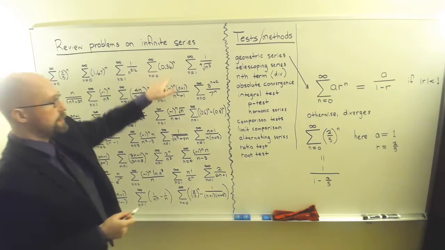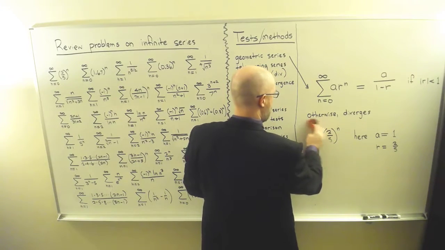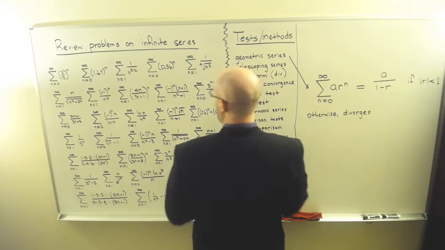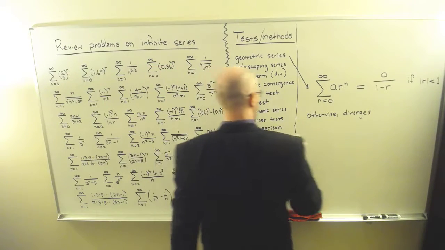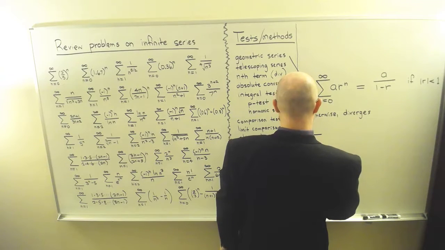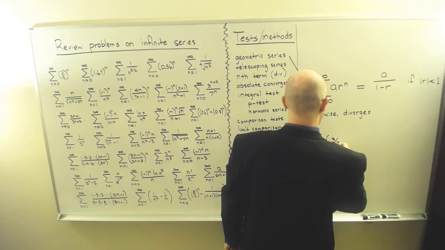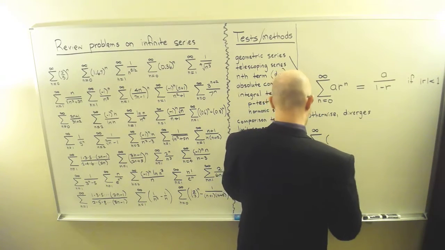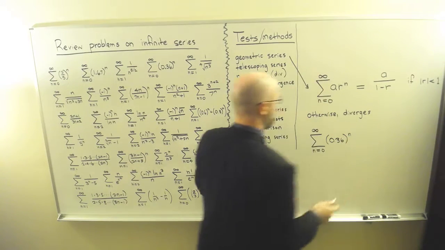And then similarly with this one here. If I write that one out, it's actually close to the same thing. This is 0.4, and that's 0.36 there. So here I have the sum from n equals 0 to infinity of 0.36 raised to the n.